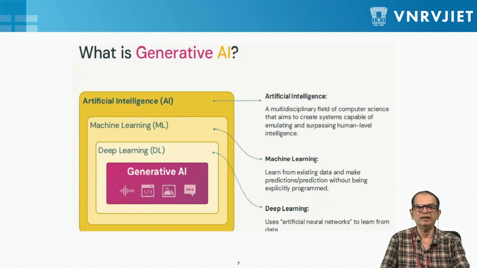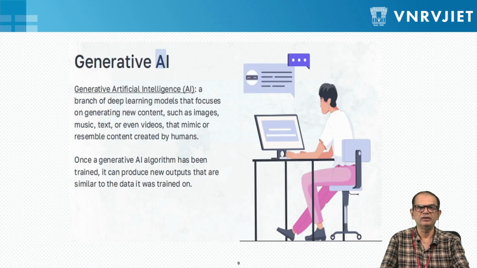Okay. Now, what exactly is generative AI? That is what we need to know. As I told you, we have gone from AI, machine learning, deep learning, and now we are on to generative AI. So what we are really doing in generative AI is generating images, text, and speech. That is what we are going to do.